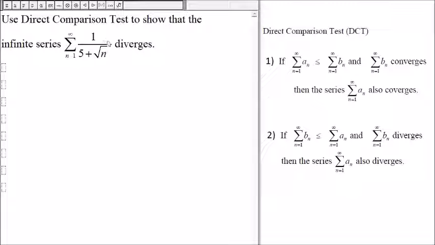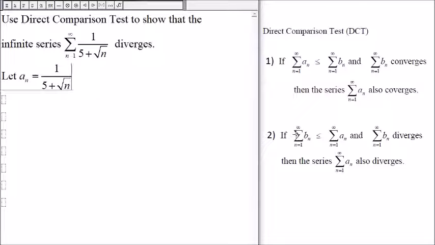So we'll call this right here a sub n. We have to come up with a b sub n and then show that the series b sub n is less than the series a sub n, and show that the series b sub n diverges to infinity.